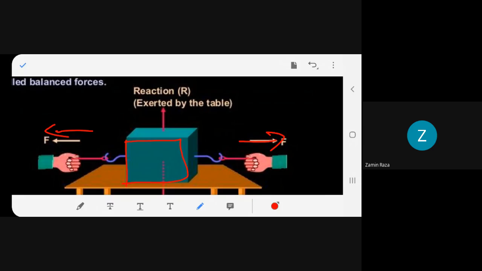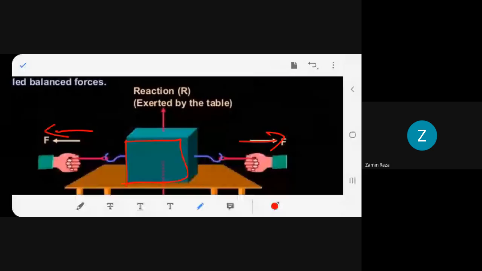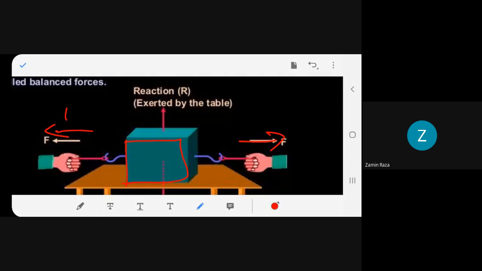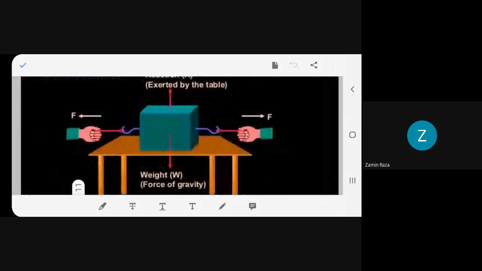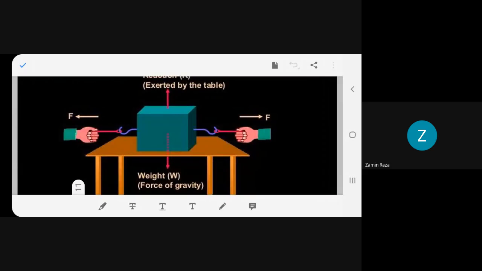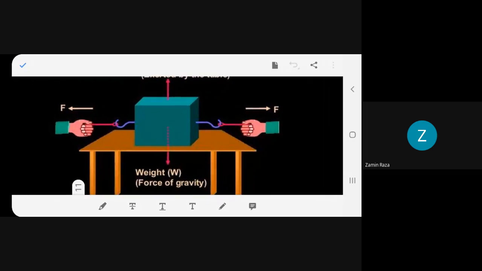You understand better? So there is even a force which is exerted by the table. Can you see this? There are three forces. This is one, this is two, and this is three. And another force which is working is the fourth force.